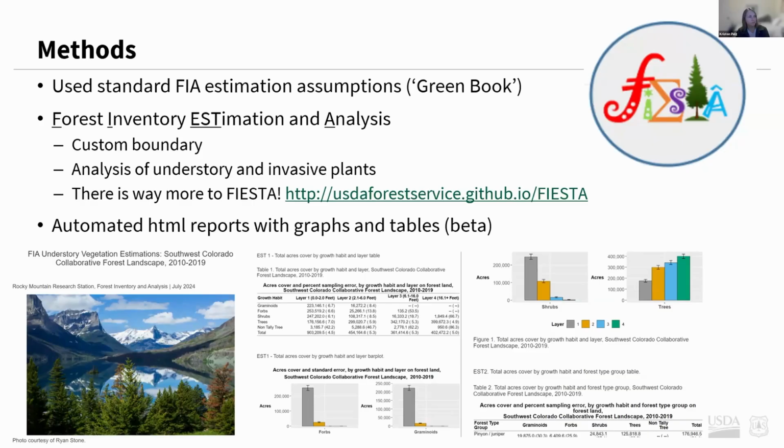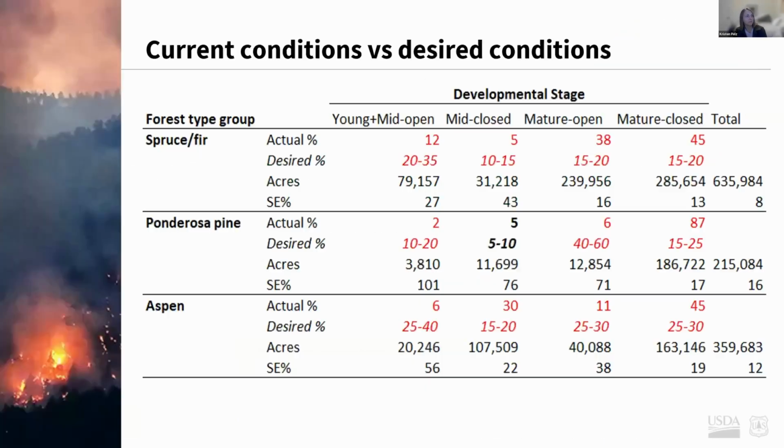And that was also something that Fiesta allowed us to do, which is not something that is available in our normal estimation procedures. And we have created some beta reports that are automated from this work. And these are just some screenshots of what those look like below.